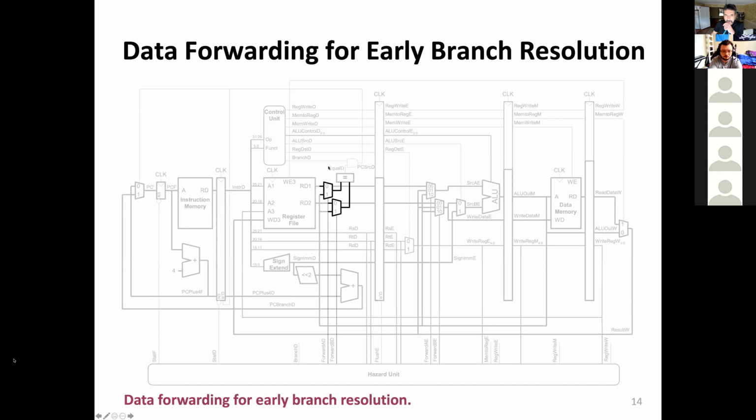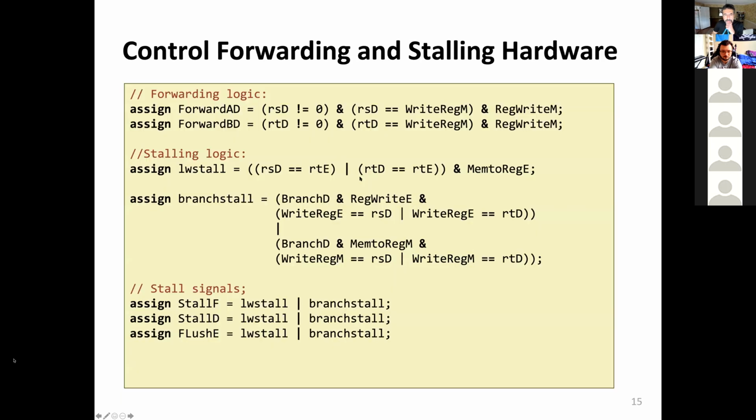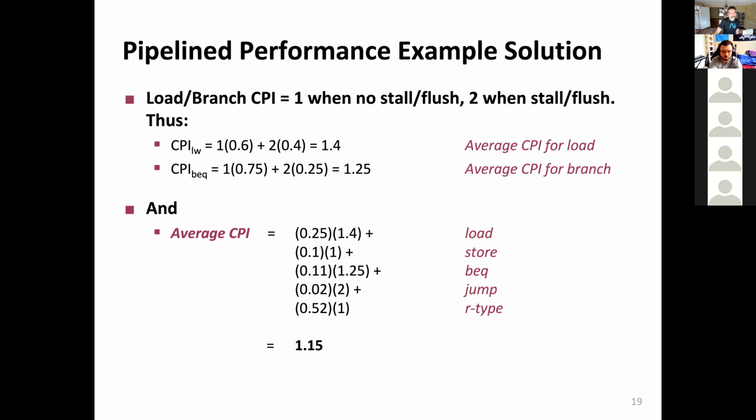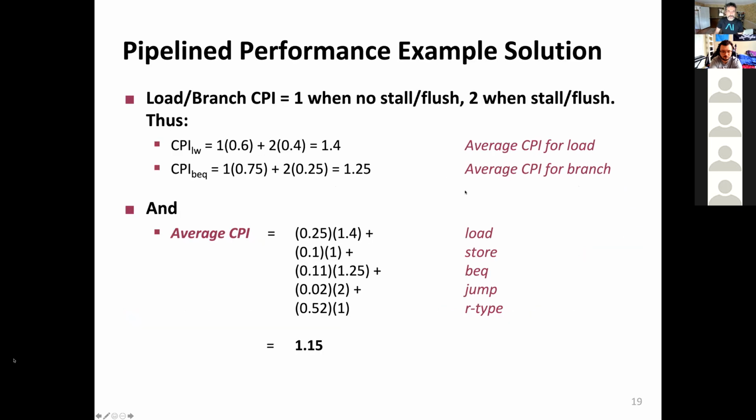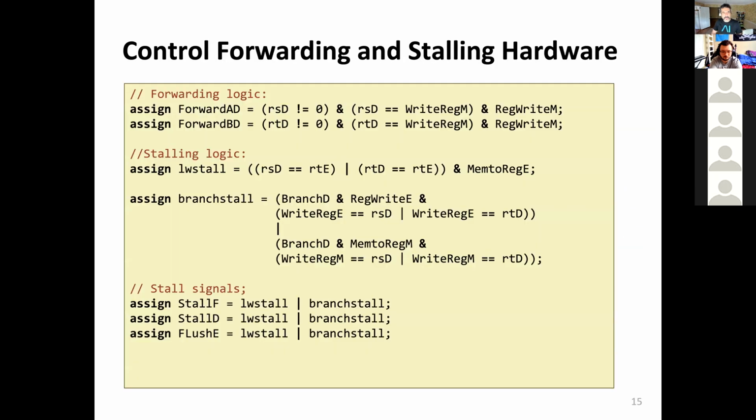Because checking equality requires some time. So we need to add this as a part of the time for decoding, and we have this additional mux that we added before this equality. We had one additional mux in the decoding.